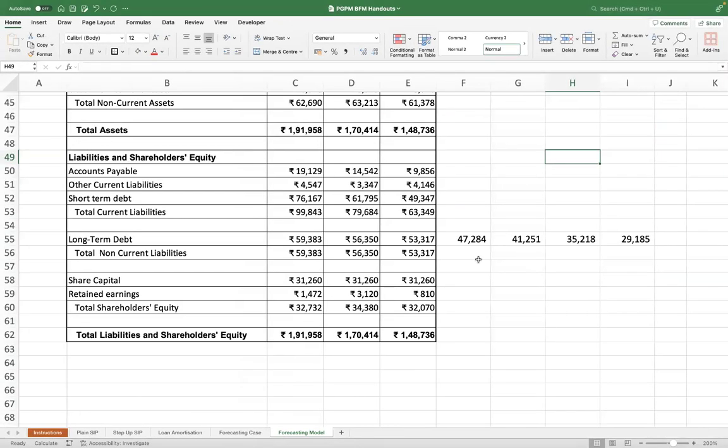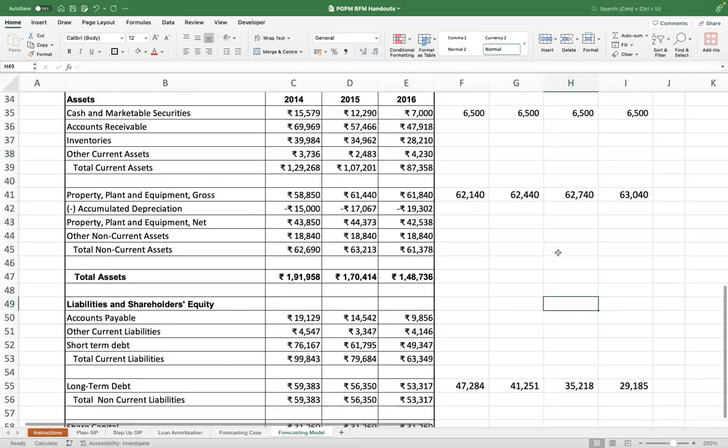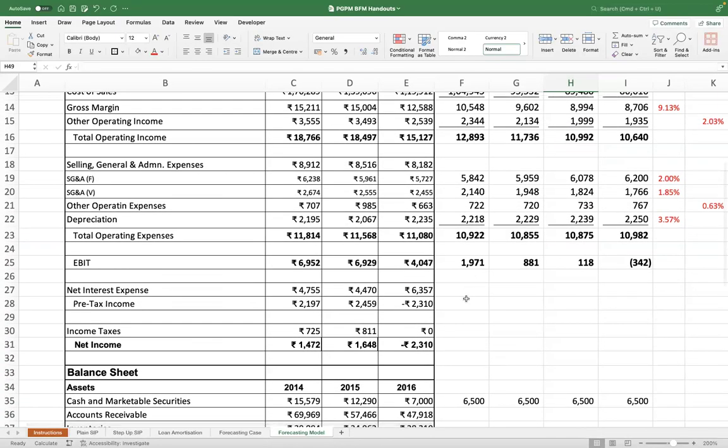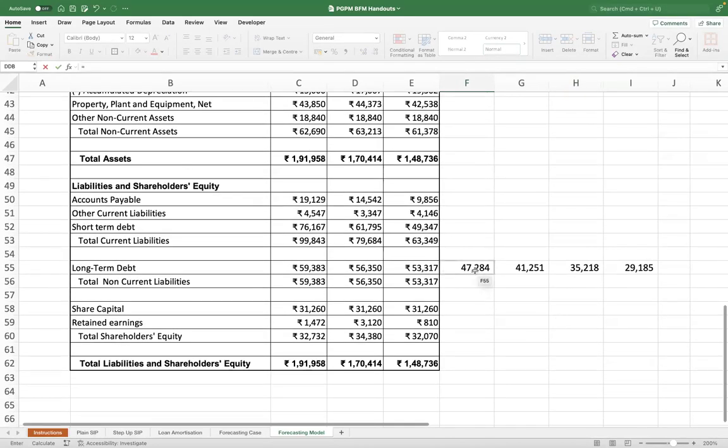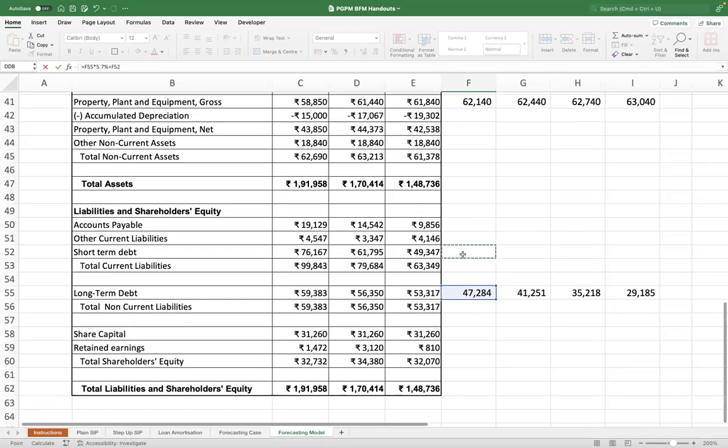So you have long-term debt, you have cash. The only thing which remains is short-term debt, which is the plug. So what I will do now is find out the net interest expense, which will be equal to long-term debt times 5.7% plus short-term debt, which you don't know, but still you link it, so that when you perform the iteration, these numbers will get auto-populated.